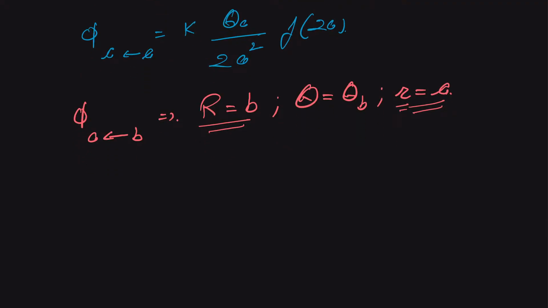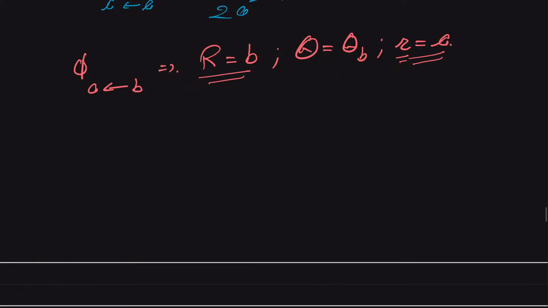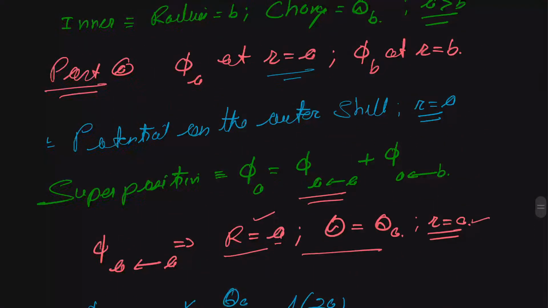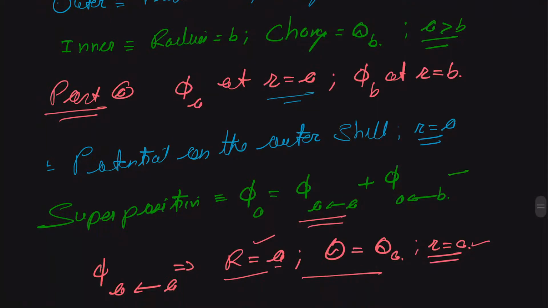Therefore, we can write that our potential at A due to B will be equal to K QB upon 2 times AB, and this comes as function of A plus B minus function of A minus B.